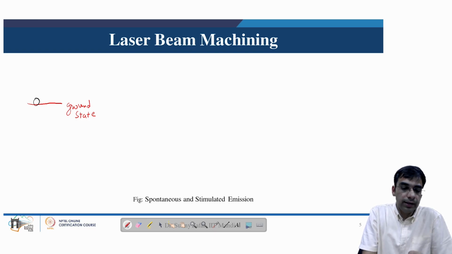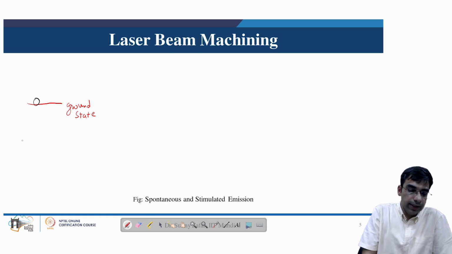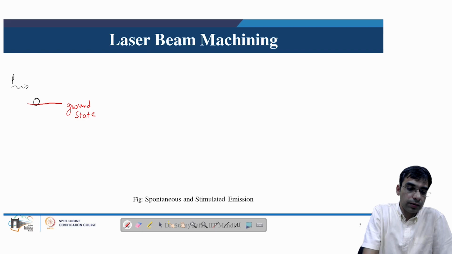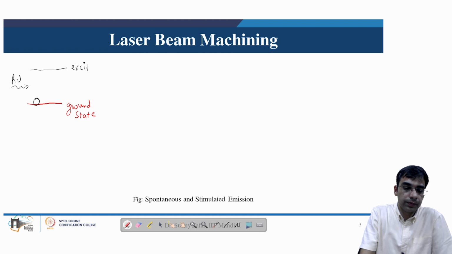So this external energy can be supplied using a photon in case of light or a phonon in case of heat. So once this external energy h nu is coming in, this electron may go from the ground state to the excited state.